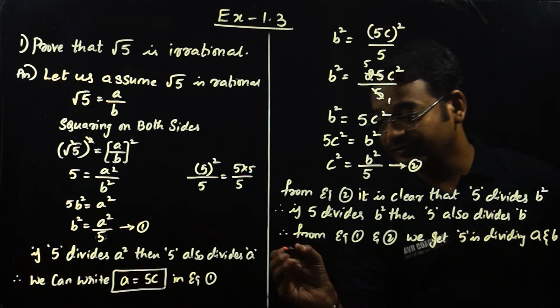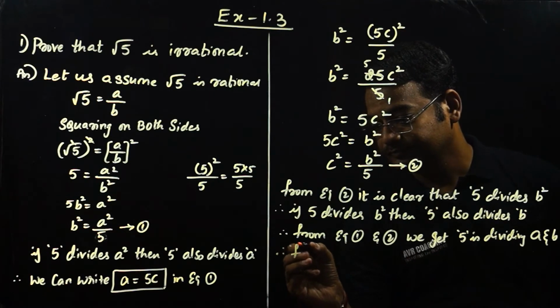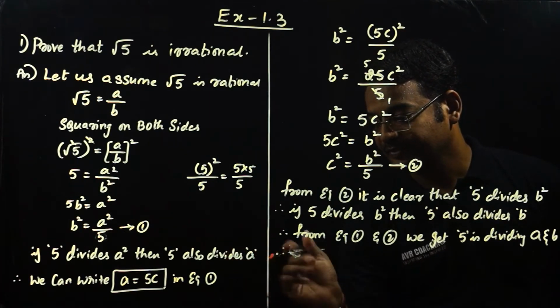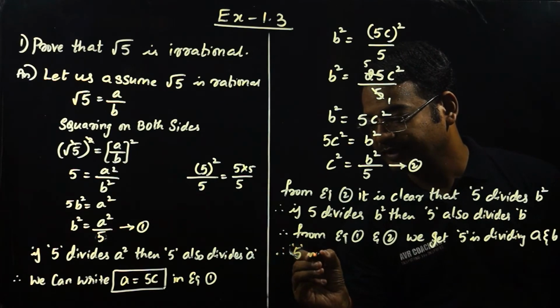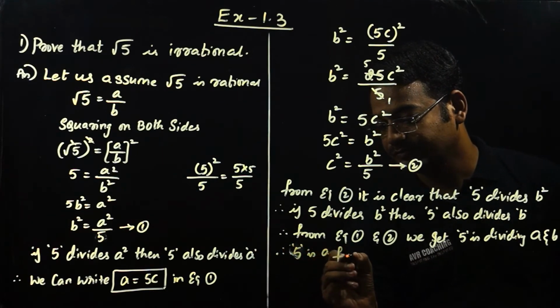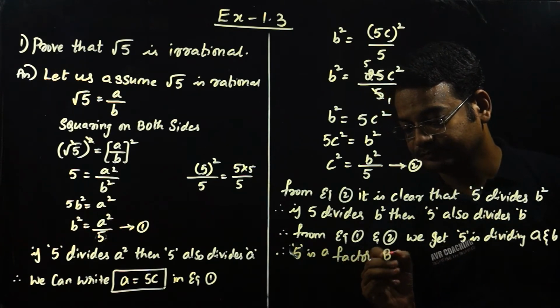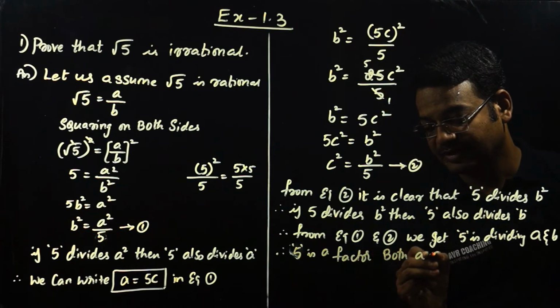Therefore, 5 is a factor of both a and b.